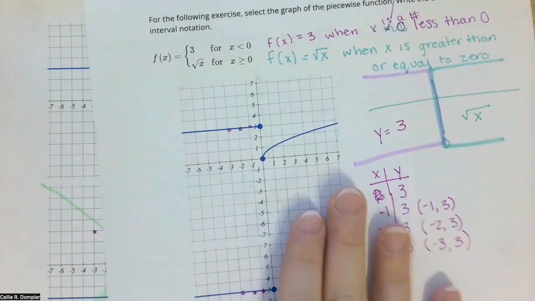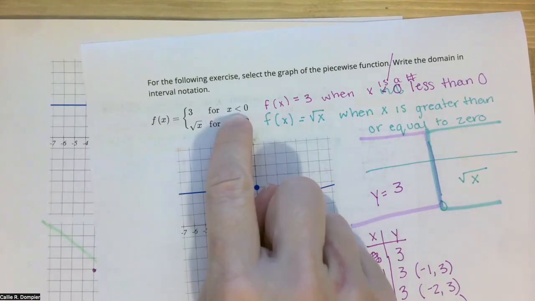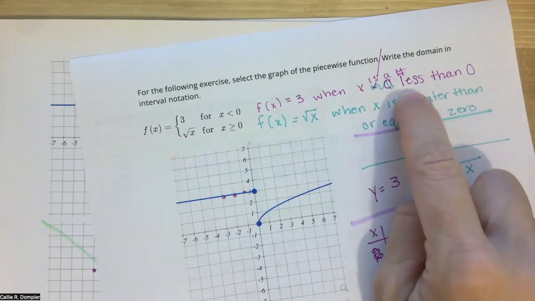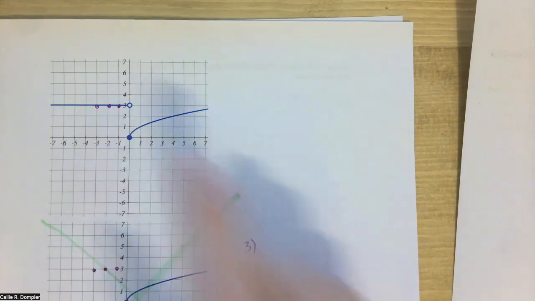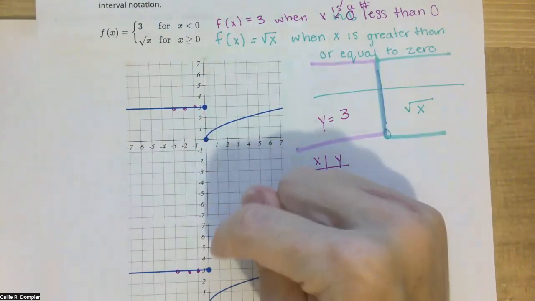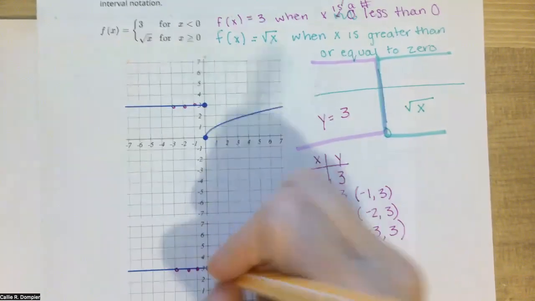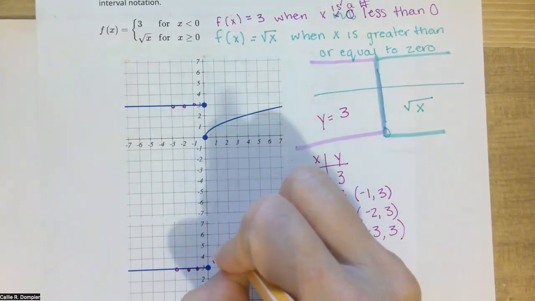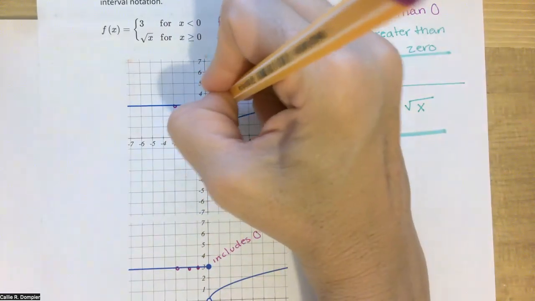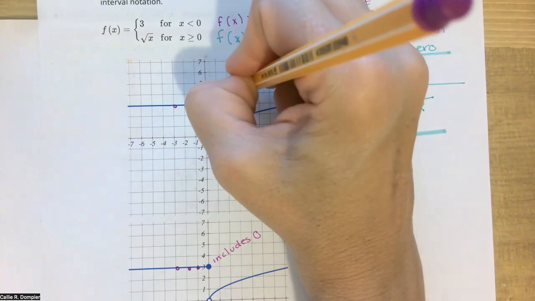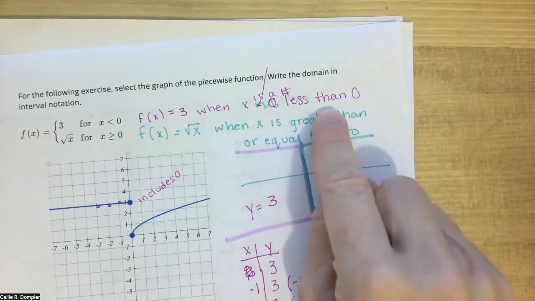What is our rule? When x is a number less than 0, right? We have no equal sign, so it can't come up to 0. It has to be a number less than 0. This says less than 0. These two, however, say less than or equal to 0, right? This filled in circle means it includes 0. But it has to be a number less than 0.